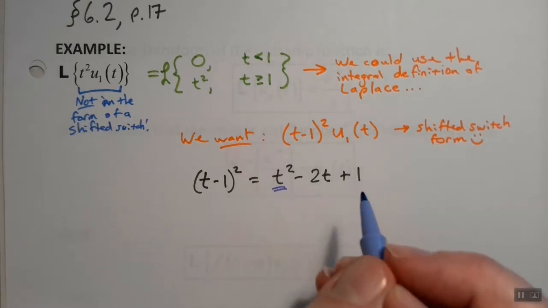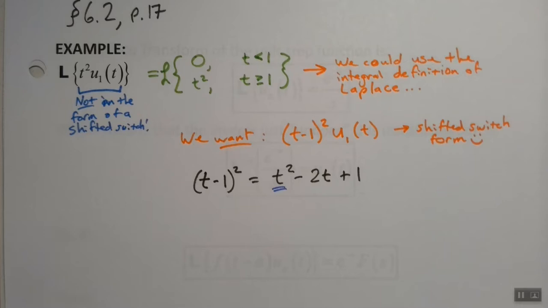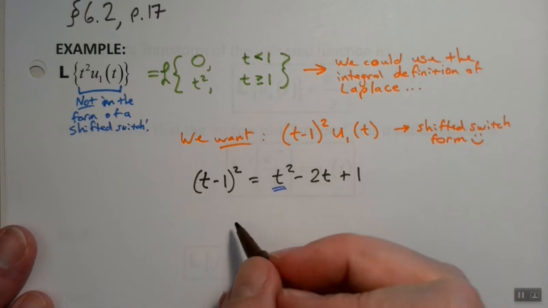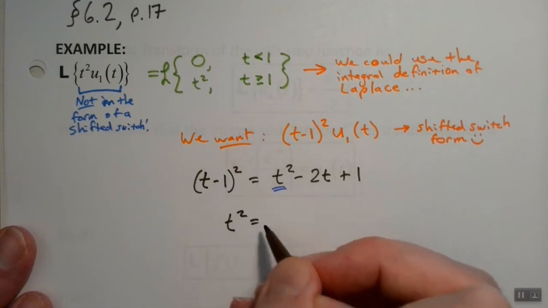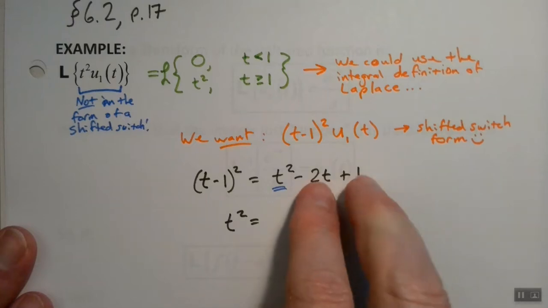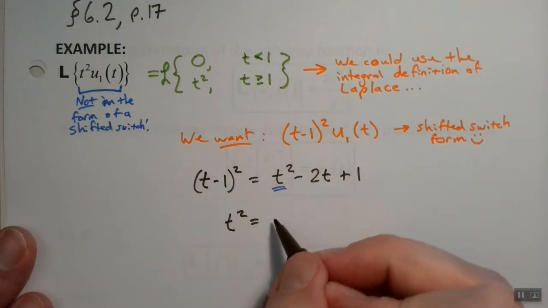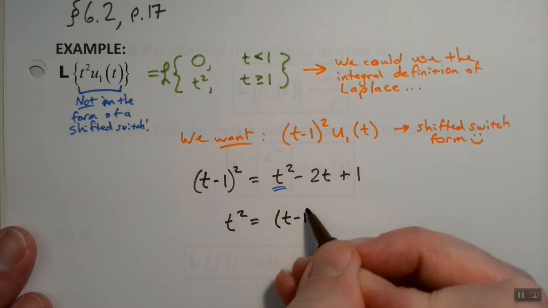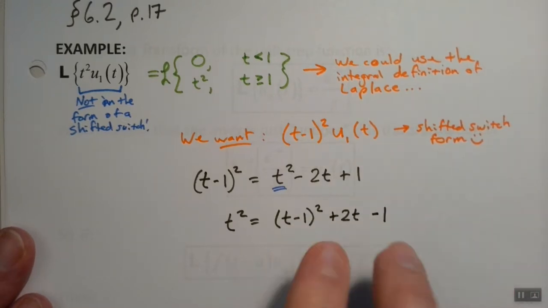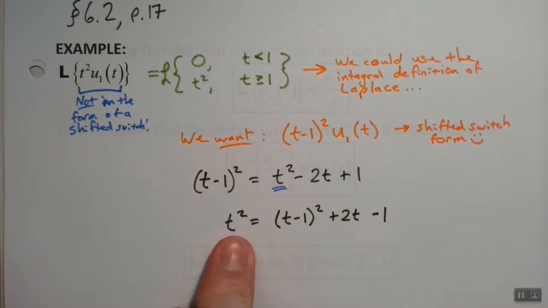So all I need to do is rewrite t squared in terms of this part and this part. I'm going to move these two terms to the other side, and say t minus 1 quantity squared plus 2t minus 1 is the same thing as t squared.